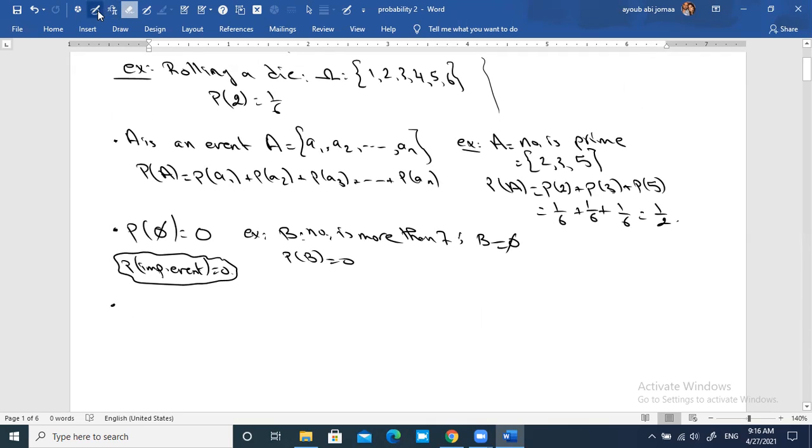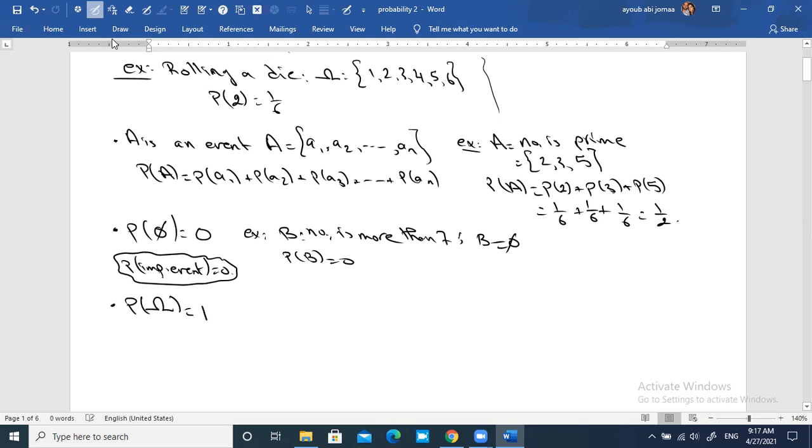What about the probability of the sample space? What is the probability of the sample space? It is 100%, meaning, if you write a number between 0 and 1, it is 1.